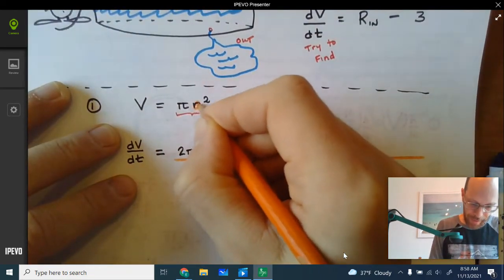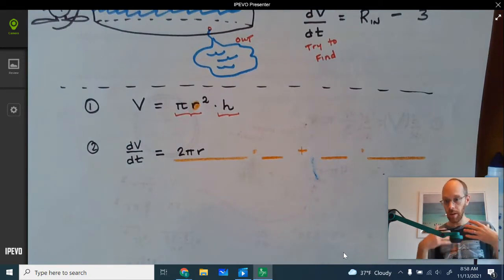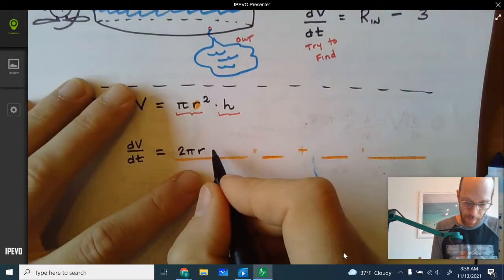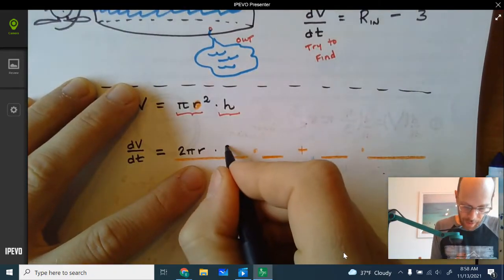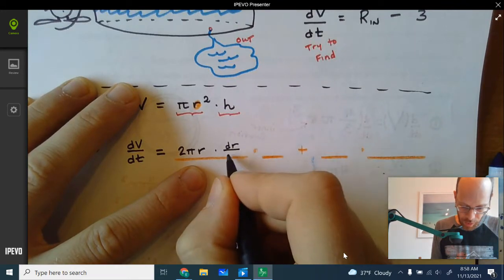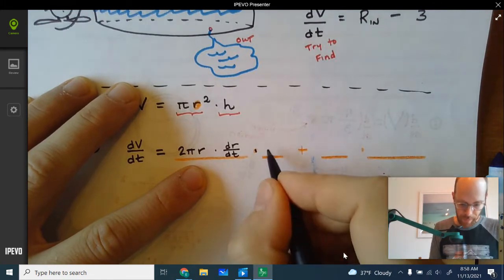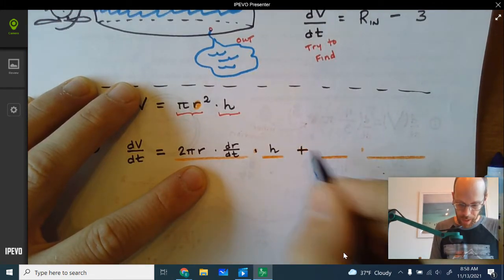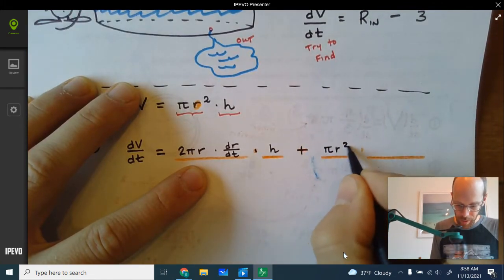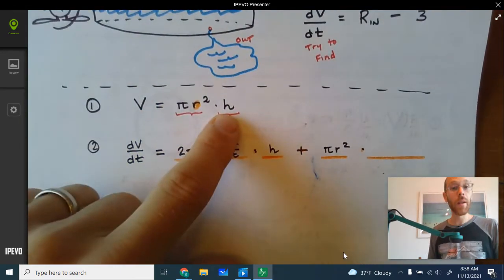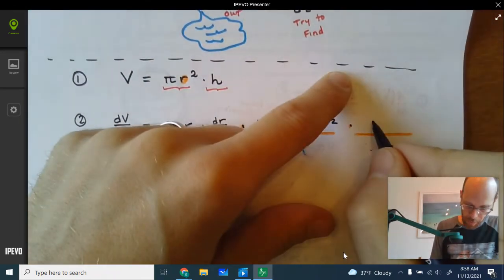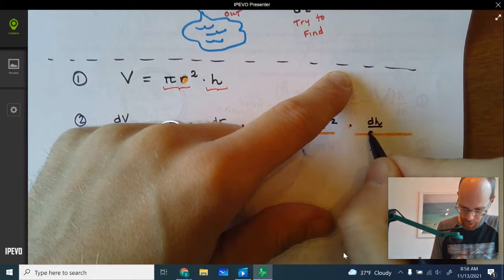You treat this like an inside function because r is changing in some way with time, multiplied by the rate of change of the radius over time, multiplied by h, plus, leave the pi r squared alone, and then multiply it by the rate of change of h, which would be dh/dt.